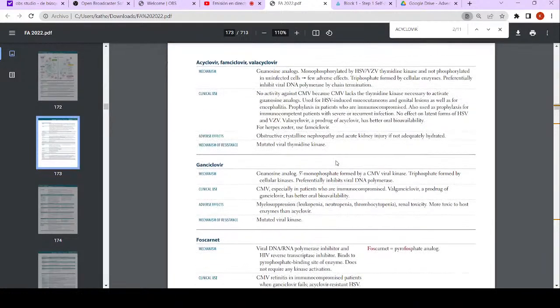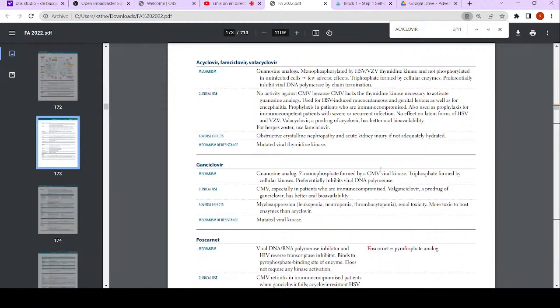So here it is. Okay. So, well, here we have it. These first ones are the ones that you use for herpes virus, and this one is the one that you use for cytomegalovirus. This is actually the most important thing, and it is because cytomegalovirus needs a viral kinase. It's formed by the viral kinase of CMV.